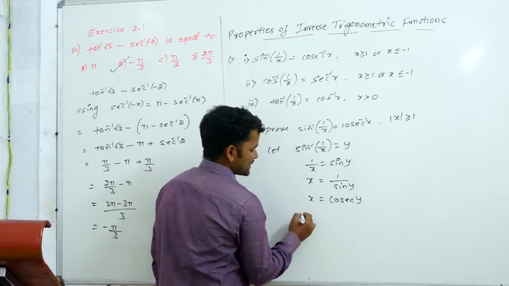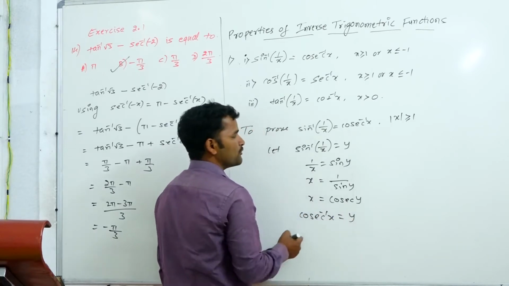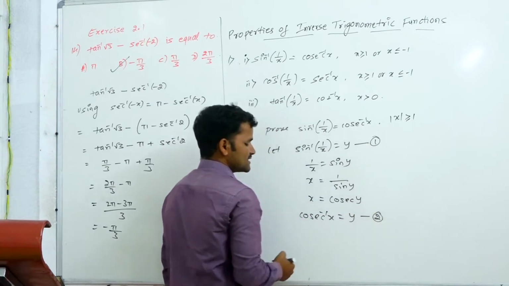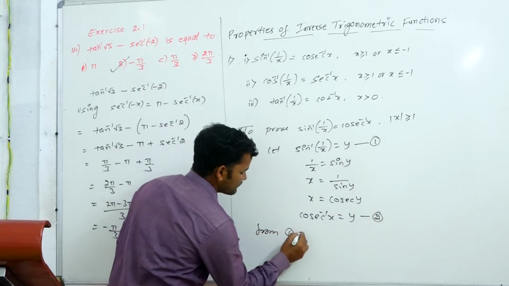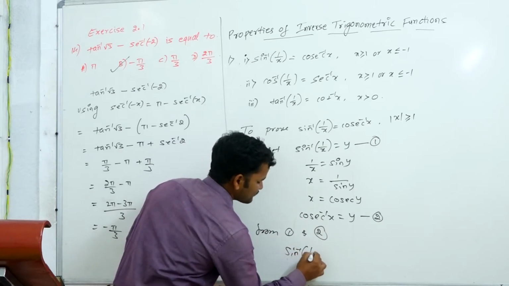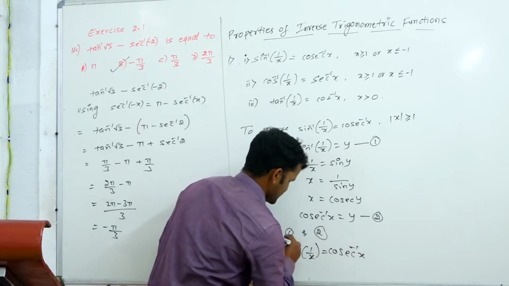And this can be written as cosecant inverse of x is equal to y. You see, this is the first equation and this is the second equation. From 1 and 2, I have sine inverse of 1 by x is equal to cosecant inverse of x.